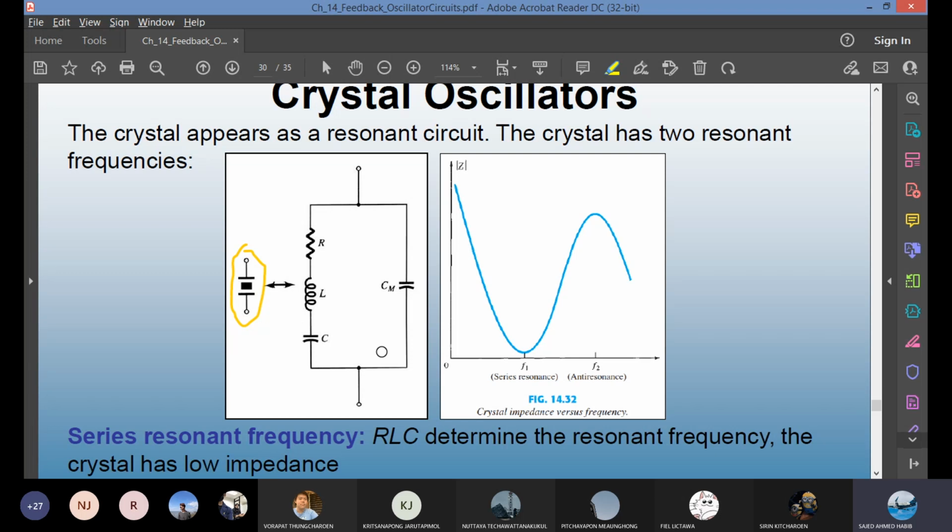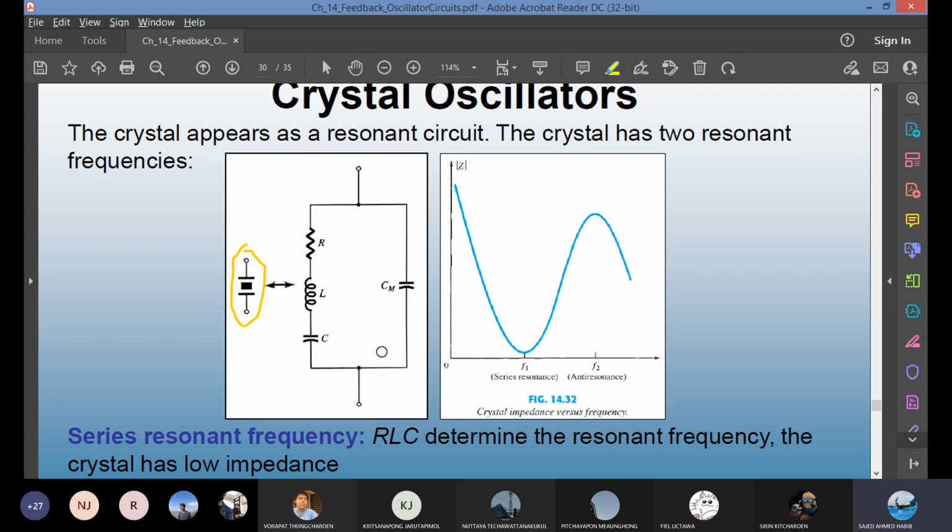The crystal has greater stability in holding constant the frequency of oscillation at whatever frequency the crystal is originally cut to operate, depending on how you cut the quartz in the factory. When you get the quartz from the mine, from nature, you have to bring it to the factory, cut it, put it in the proper shape, polish it, maybe take away some part.